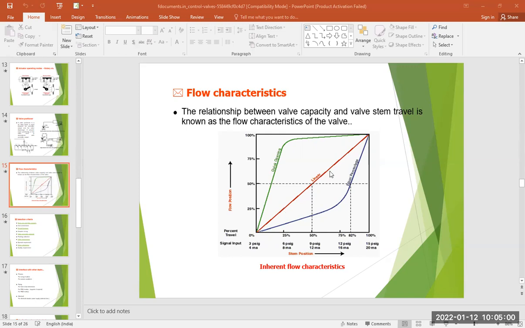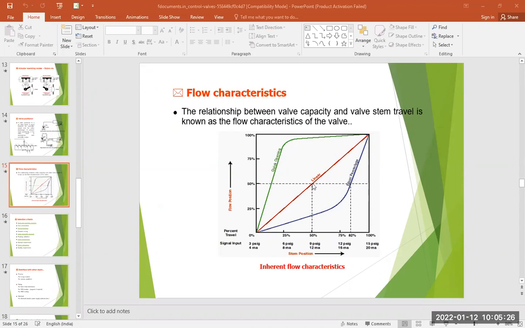This is basically linear motion, and this is a quick opening valve. Any valve that is quickly operated, whether pneumatic, electrical or hydraulic, is a quick opening system. These are the graphical representations here. The green line is the quick opening, and this is the equal percentage, basically the curvature.